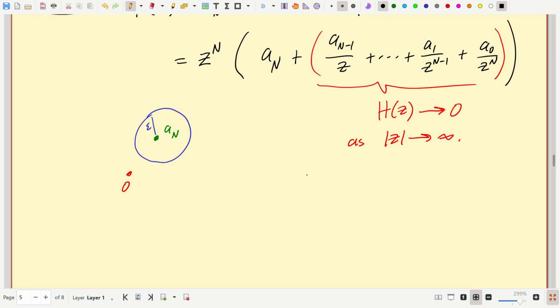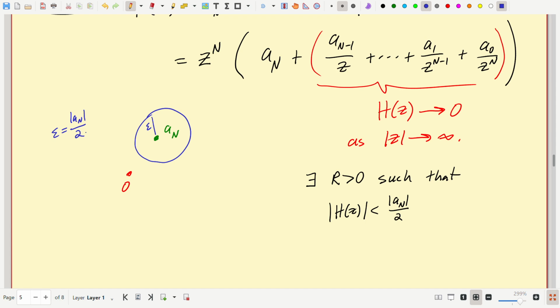So there would exist an r bigger than 0 such that the modulus of h of z is less than, let's let that epsilon be equal to the modulus of a_n over 2, like in the picture here, when the modulus of z is bigger than r.